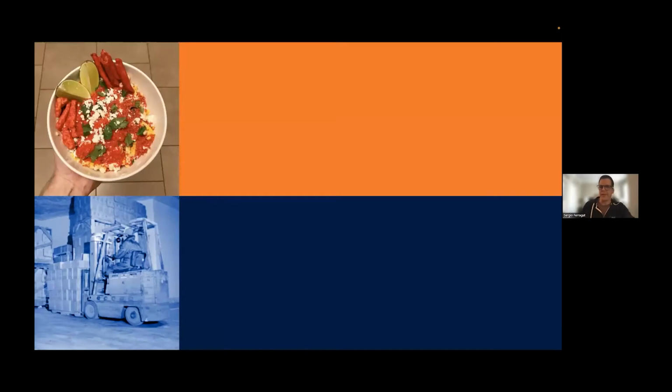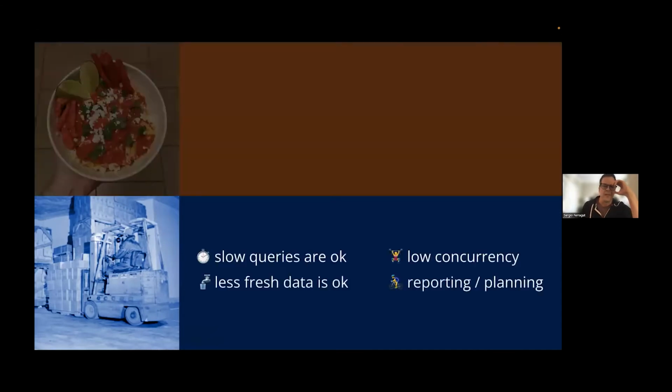All right, so let's talk about data temperature. So we're trying to create a contrast here between hot analytics and cold analytics, right? The traditional world of BI is where we're placing cold analytics, right? Where it's a data warehouse, it's the data lake, where nobody likes a slow query, but slow queries are actually okay.